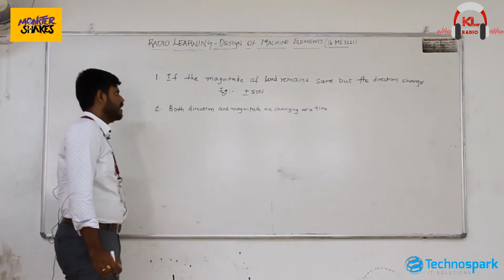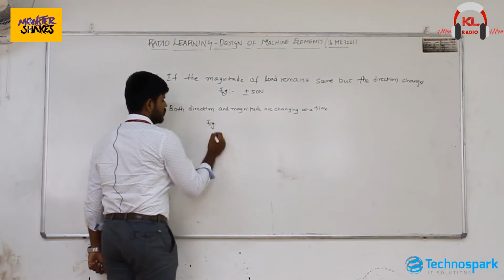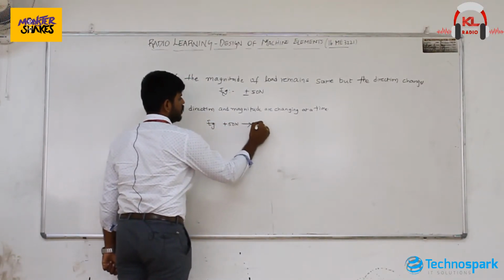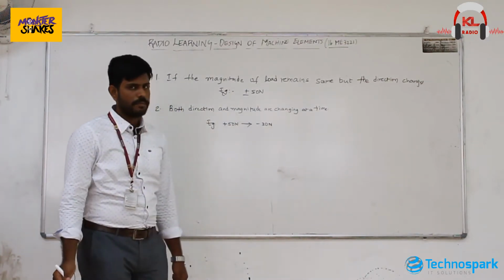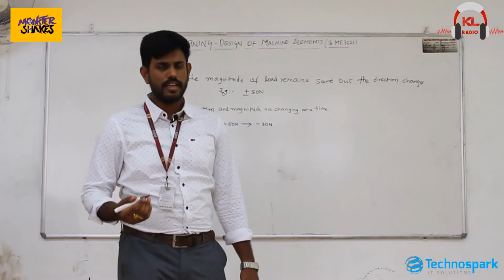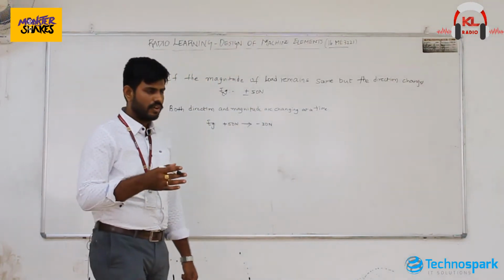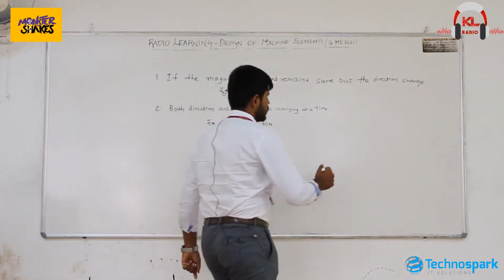Both magnitude and direction will be changing. Example, it will be plus 50 newtons to minus 30 newtons. So the load is applied from tensile 50 newtons to compressive 30 newtons. That is, the load is changing for every cycle.